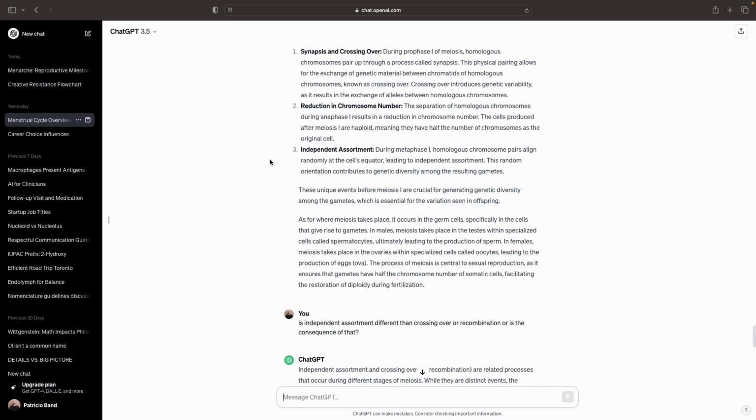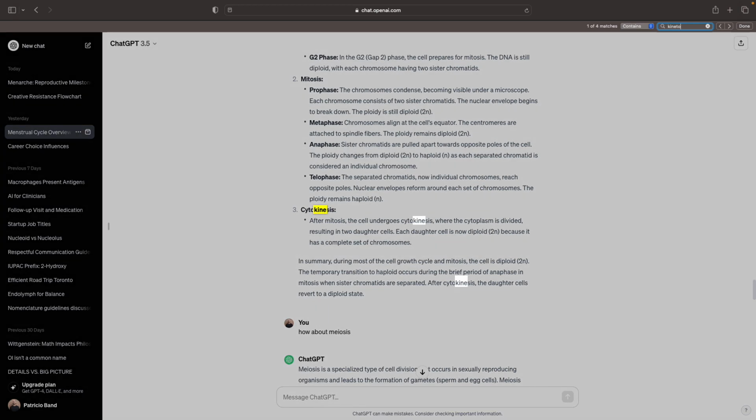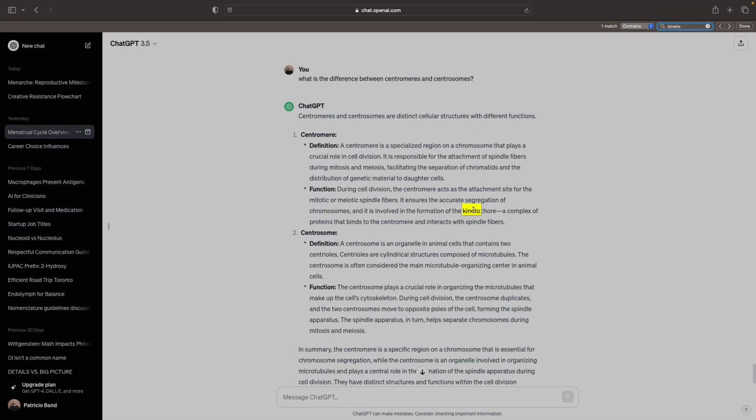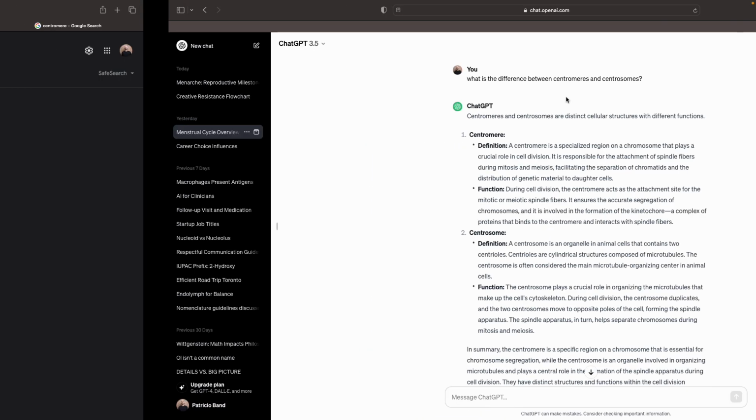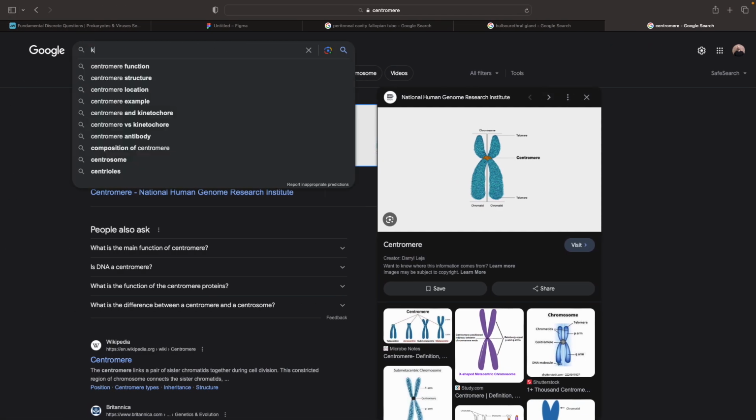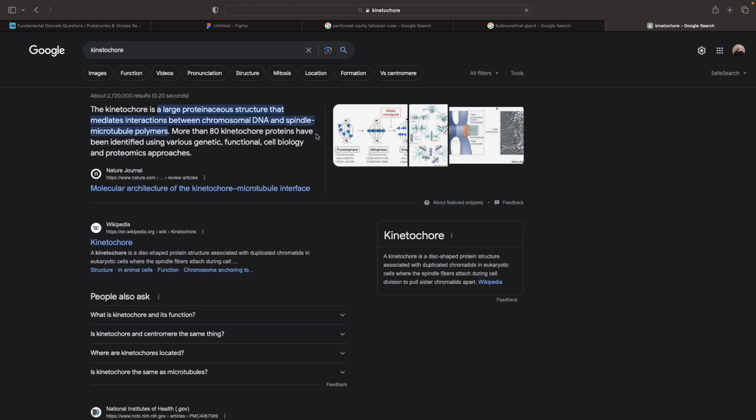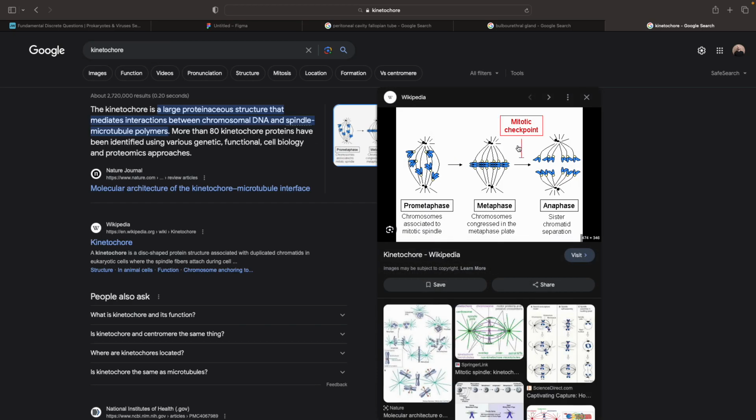I believe there was something here about the kinetochore. There you go. The complex of proteins that bind to the centromere and interact with the spindle. The kinetochore is a large proteinaceous structure that mediates interactions between chromosomal DNA and spindle microtubule polymers.